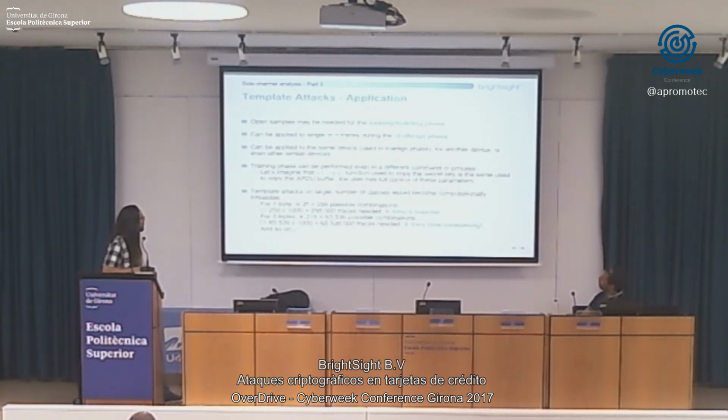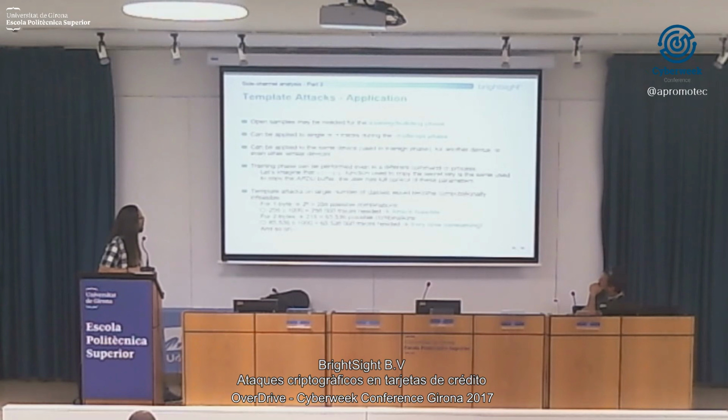And template attacks on a large number of classes become computationally infeasible. Let's think that we are attacking only 1 byte. We have 256 possible combinations. If we need 1,000 traces to build each template, we will need to capture this amount of traces, so this is quite feasible.